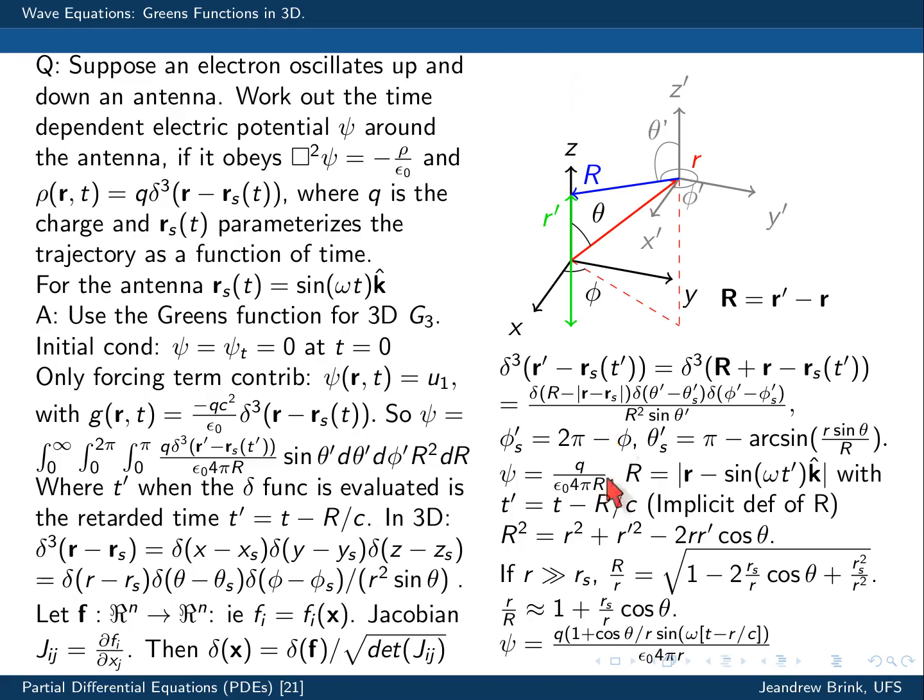In other words, you're going to have a very, very weak signal. And this is one of the flaws of just having a linear antenna up and down like this, that your reception is basically dependent on angle.